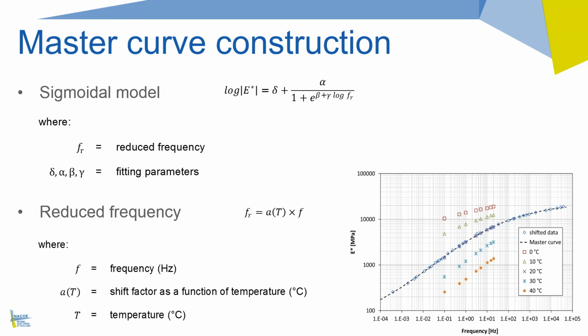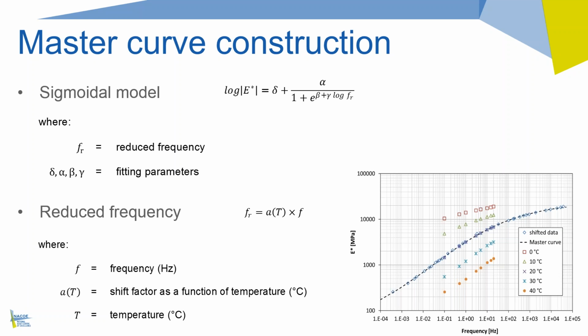And then the only other parameter is FR, which is the reduced frequency. And FR is calculated by multiplying the frequency in the test, so that's F, by the shift factor as a function of temperature. And all that shift factor is really, that is the shift that is required to move those results that you see in the graph on the right to fit that function, that continuous S function.